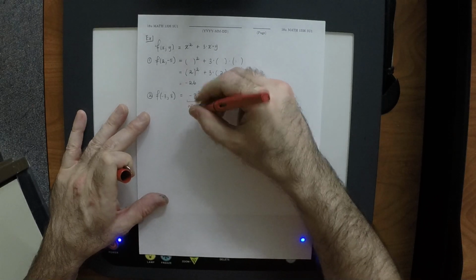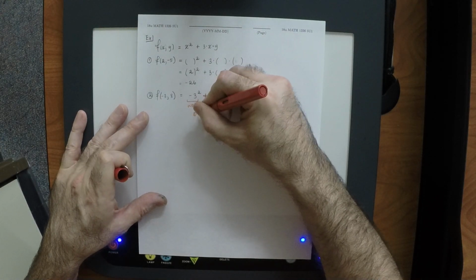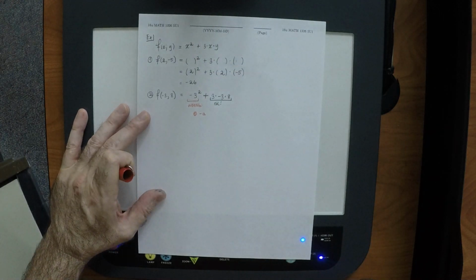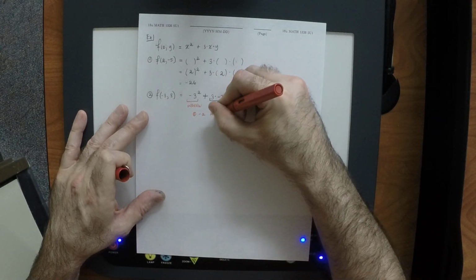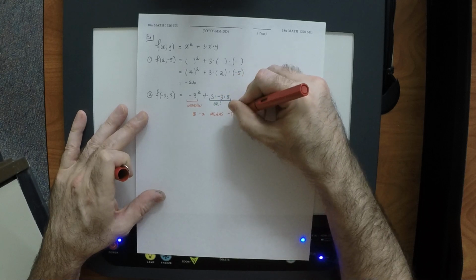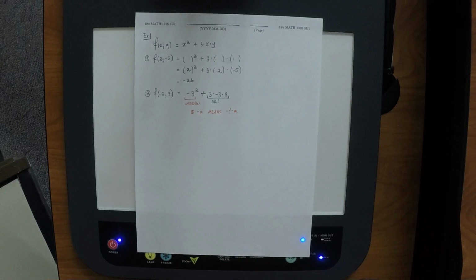So in the first place, when you write negative a, what that means is negative 1 multiply a. That's its meaning.